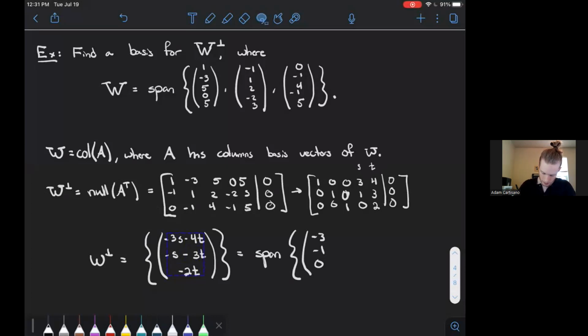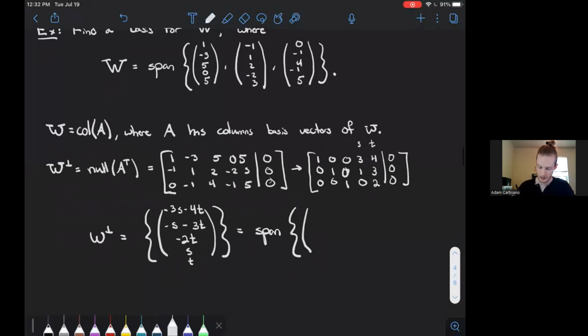So let's make some space in our vector. Right, because we're looking at a subspace of R5. W perp is a subspace of R5, not R3. So -3, -1, 0, 1, 0.